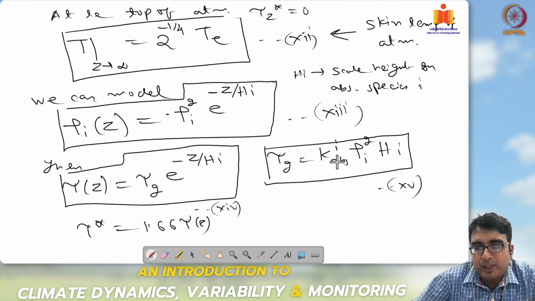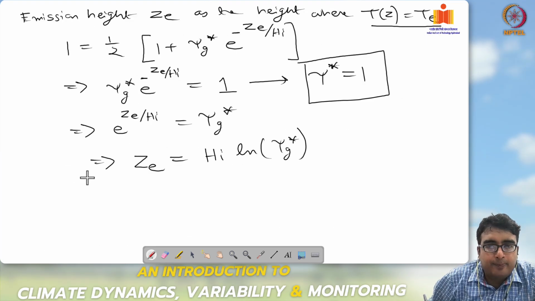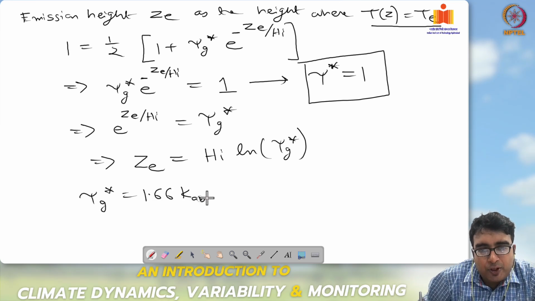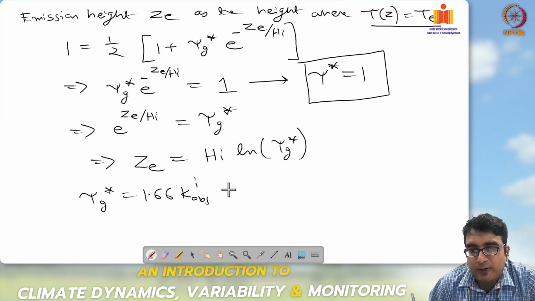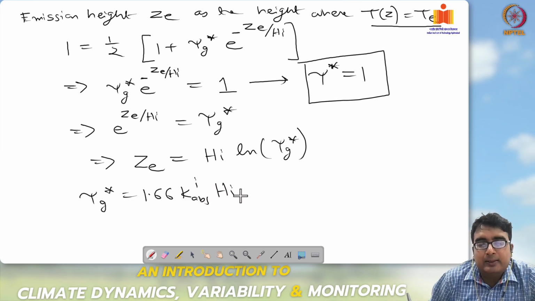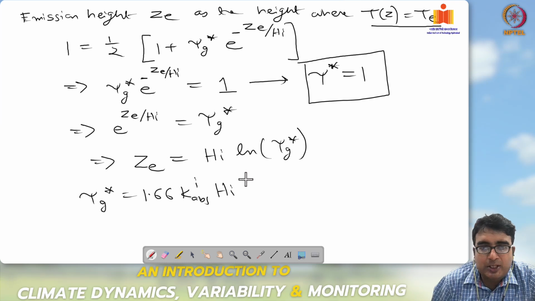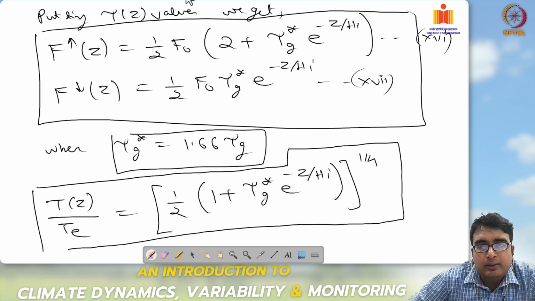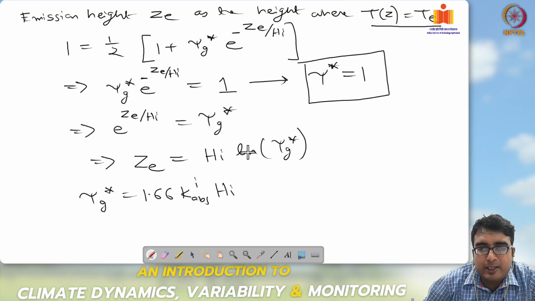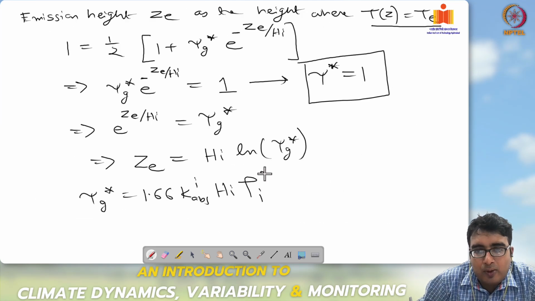Tau g is this expression and tau g star is 1.66 times this expression. So tau g star is 1.66 times the absorption or extinction coefficient of the ith absorbing species, the scale height for that absorbing species, and the last term is the partial density of the absorbing species at the ground, rho i g.